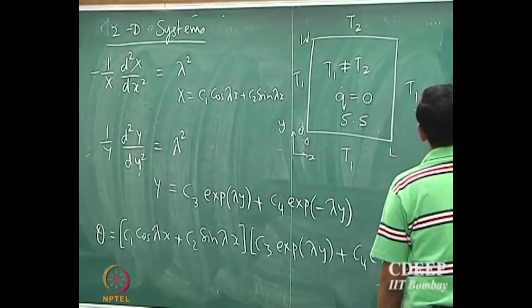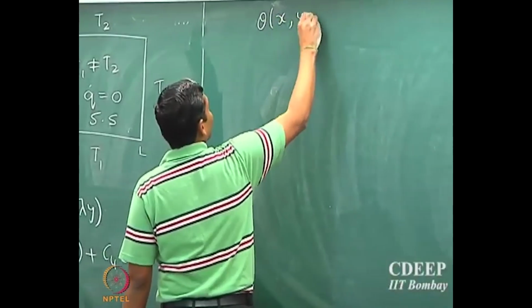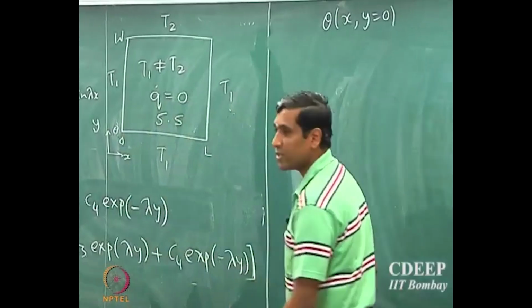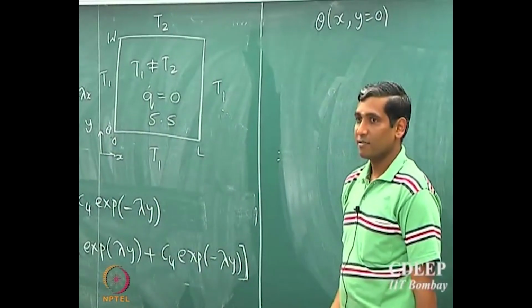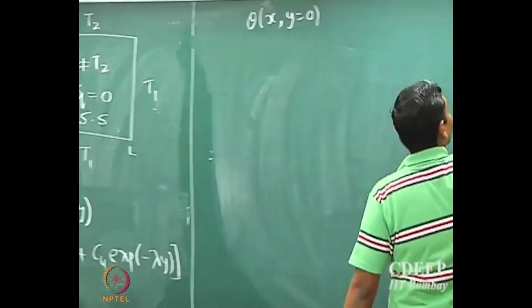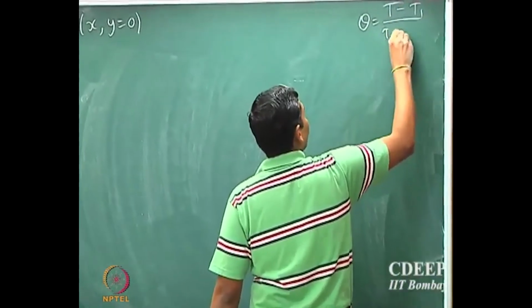So the boundary conditions are theta at x comma y equal to 0. What's the boundary condition? Note that theta is defined as T minus T1 by T2 minus T1.